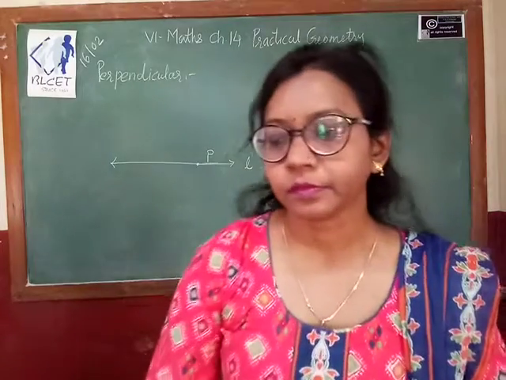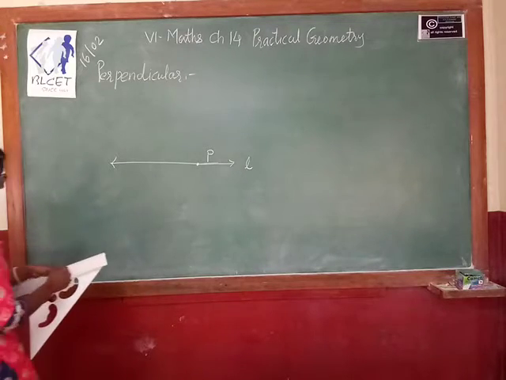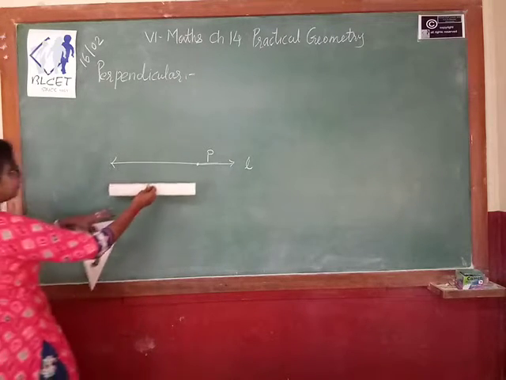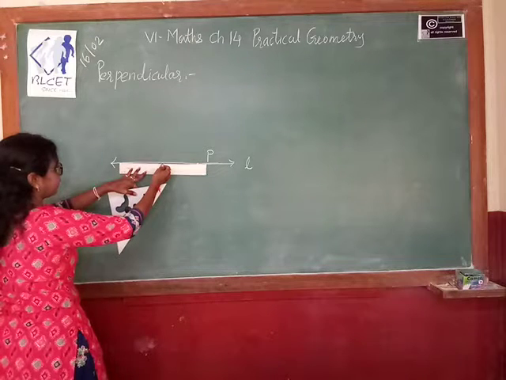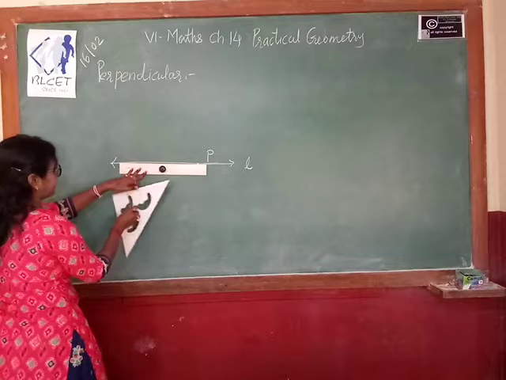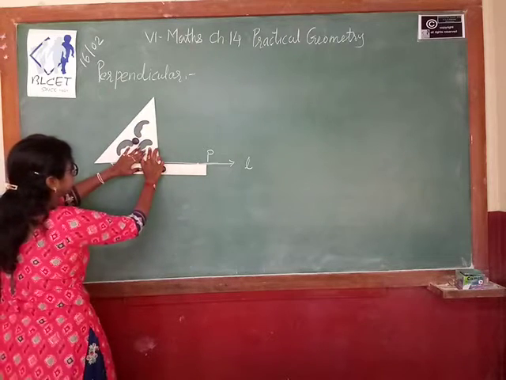So let's see now how we use the set square. I keep the ruler like this, and I keep this set square like this.